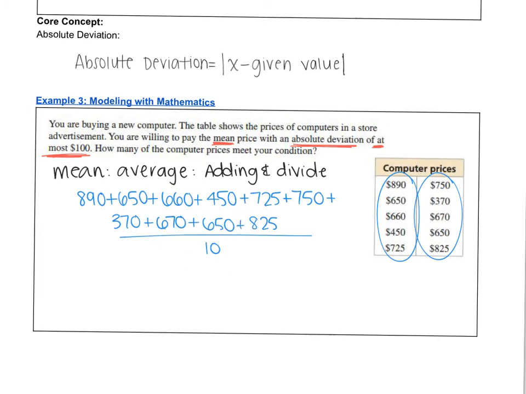You should get 664. So the mean is 664. The average price is 664.